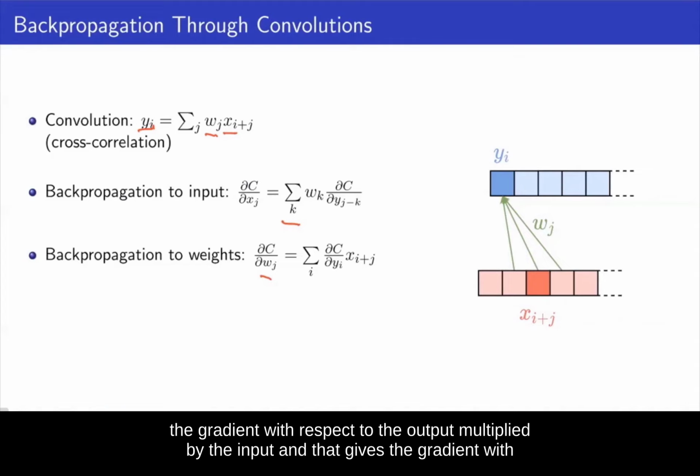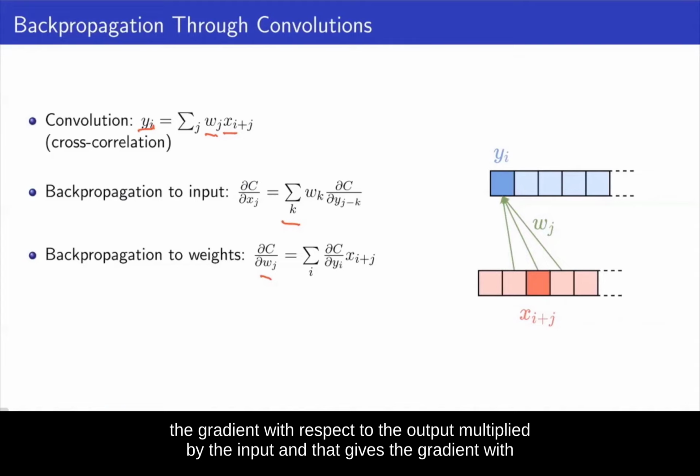So that is the partial of the cost with respect to the partial of y_i multiplied by x_{i+j}. But the problem is that in convolutions, the weight w_j is shared across all the dimensions in the convolution.